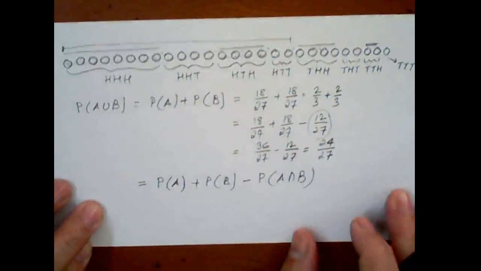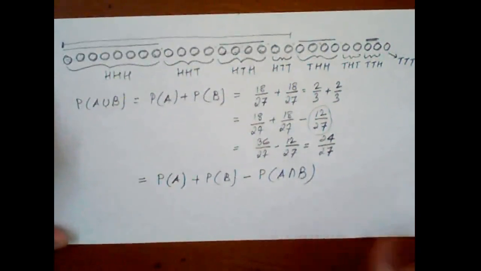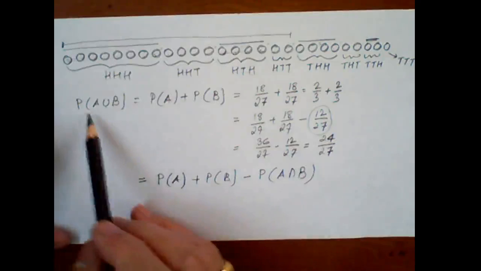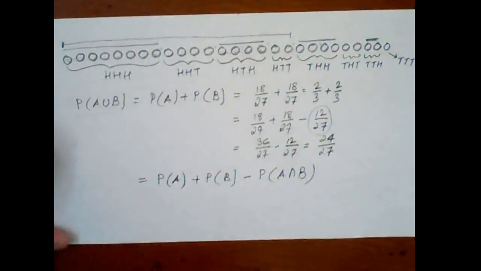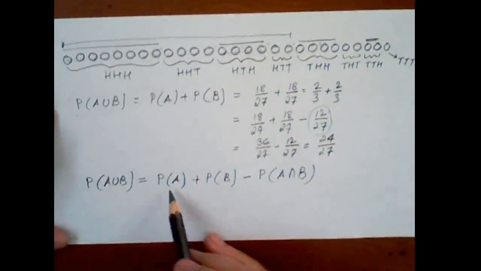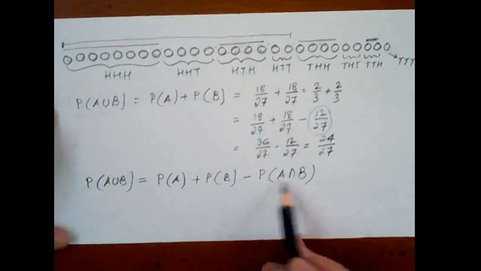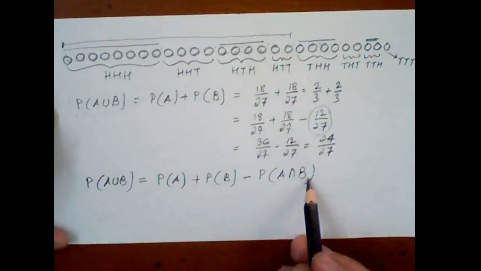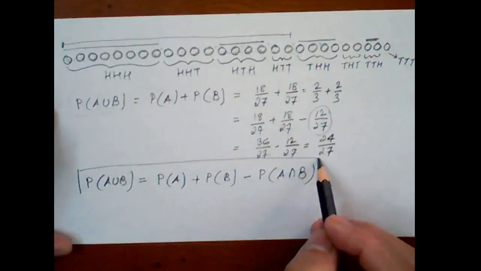Okay, so with all this, what is the take-home message? The take-home message is that whenever we calculate the probability of A union B, then the most appropriate calculation is that P of A union B will be equal to P of A plus P of B minus P of A intersection B. Okay, this is the actual calculation that operates.